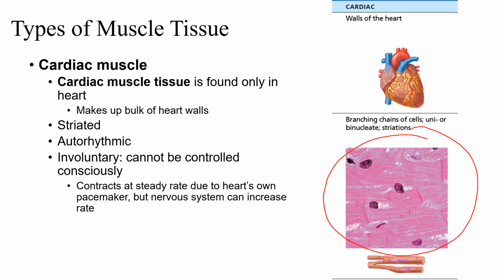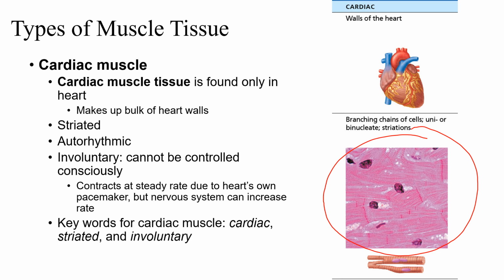People that have issues with their heart sometimes have pacemakers put in, which is going to then control the heartbeat for them. Okay, but the nervous system is going to be able to increase and decrease the heart rate depending on activities and other types of things. So keywords for the cardiac muscle are going to be obviously cardiac, striated, and involuntary.